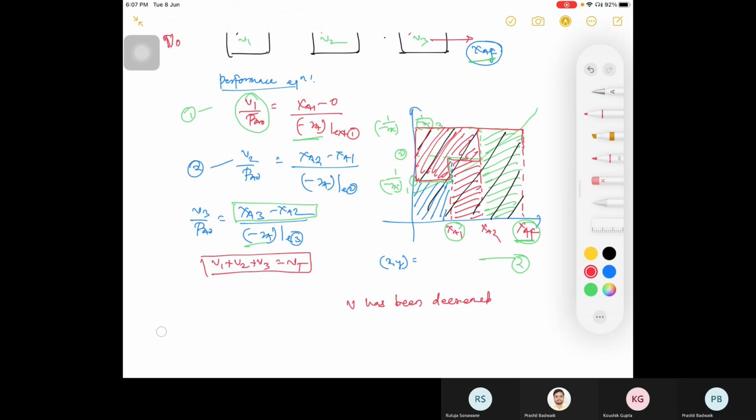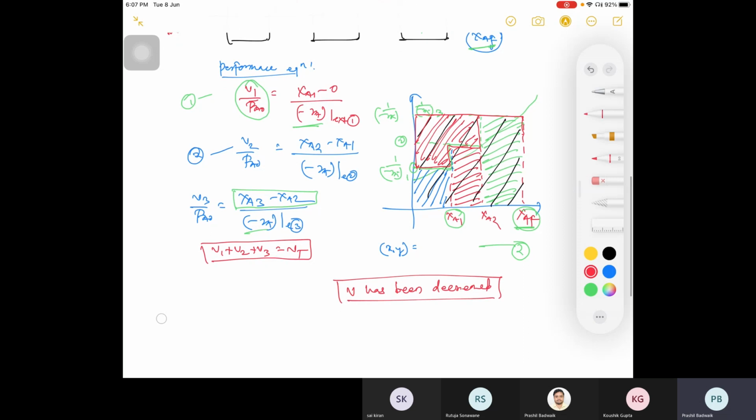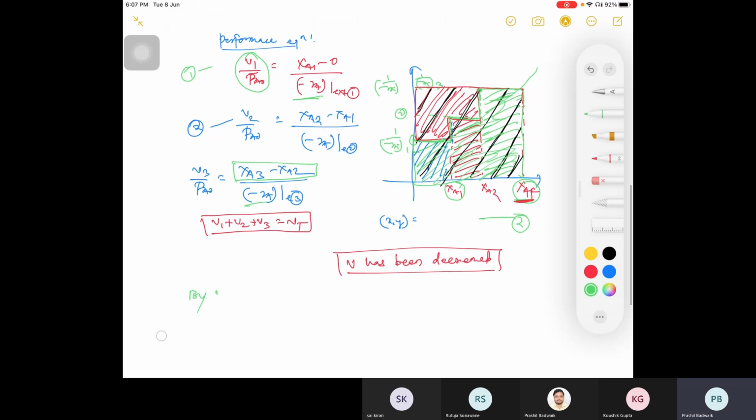In order to get XAF as the final conversion in a single reactor, you will need this black area in a single reactor. But when I broke it into three parts, you need only this area, right?